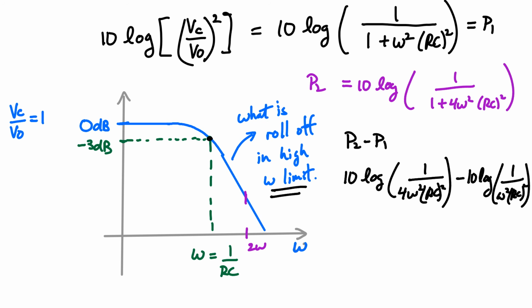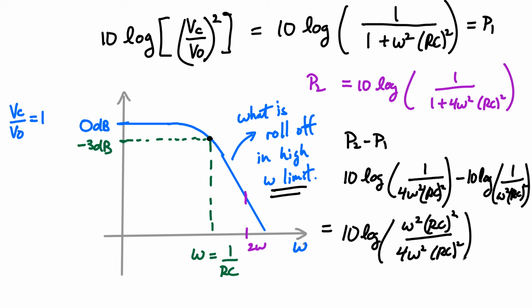We'll make some more room down over here. We take the difference between two logs, which means you divide them. So we're going to have 10 log of, and all of these terms are going to cancel out. If you take the division, you get RC squared here, and 4 omega squared in the exact same term, RC squared. Let's cancel out what's common.